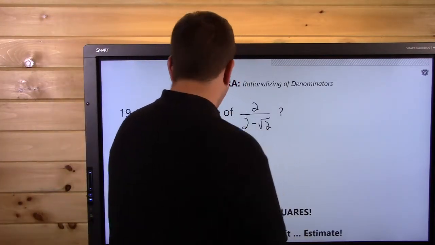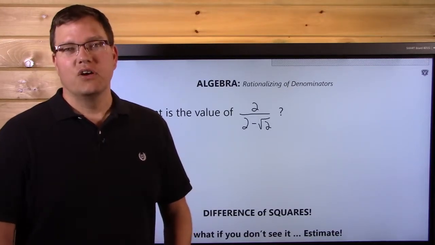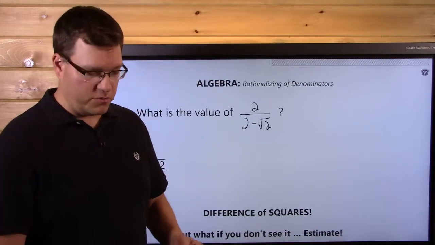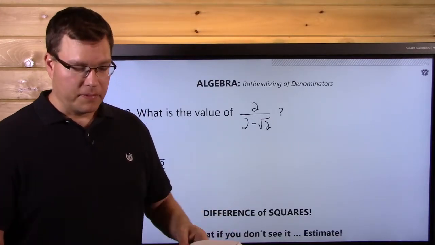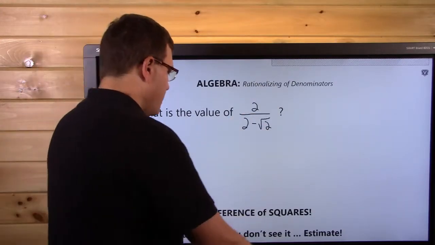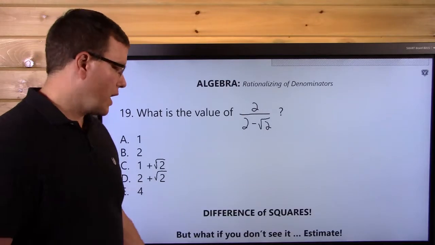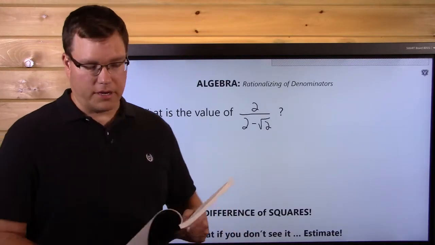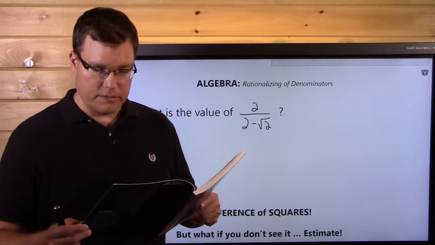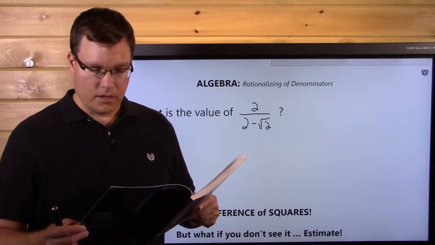So actually what we ended up with there was a difference of squares. We did 2 minus root 2 and then 2 plus root 2, which is like x plus y, x minus y. But in your book on page 149, they talk about if you don't see it, estimate. Okay? So let me tell you what it says in the book, in that box on page 149: the square root of 2 is about 1.4, right?